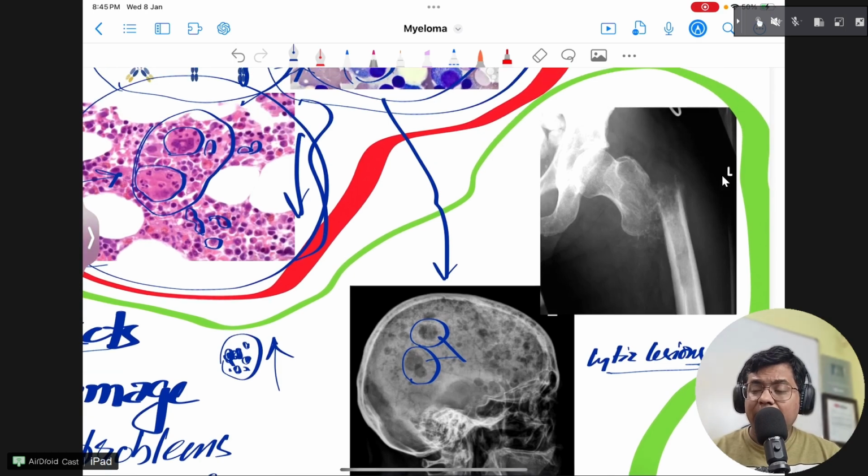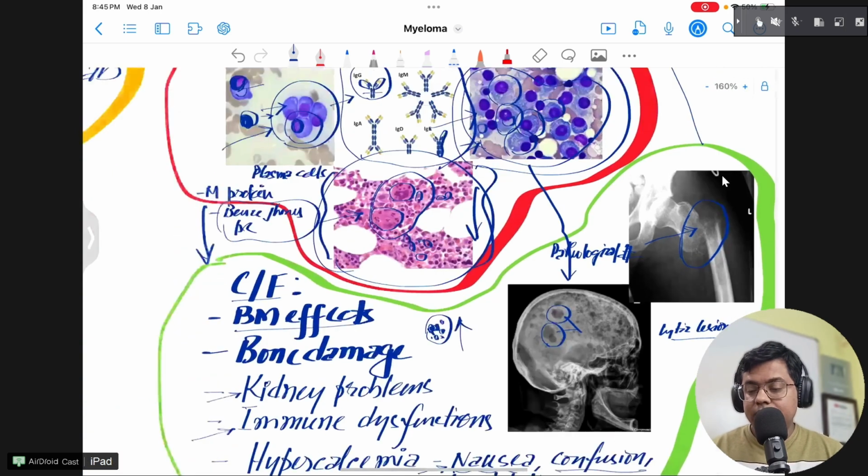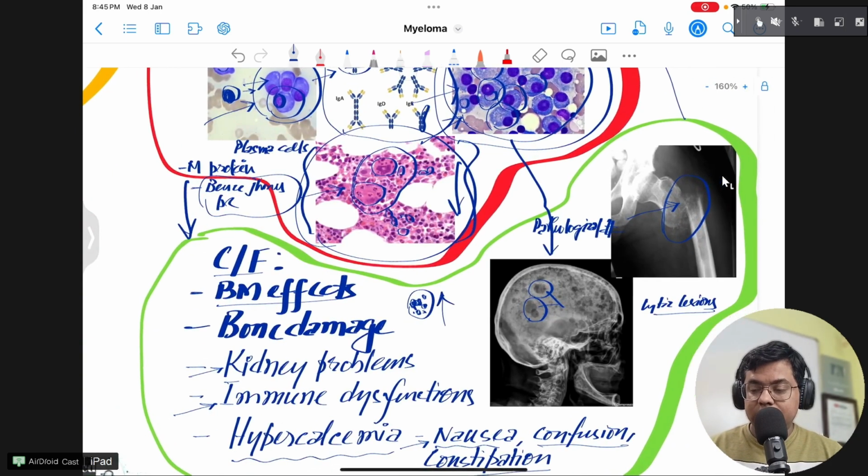And those abnormal fractures, or those fractures that occur without any trauma or with trivial trauma, these kinds of fractures are known as pathological fracture. So pathological fracture is one feature of multiple myeloma.